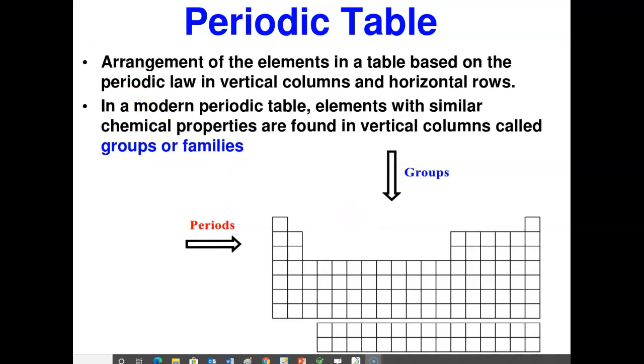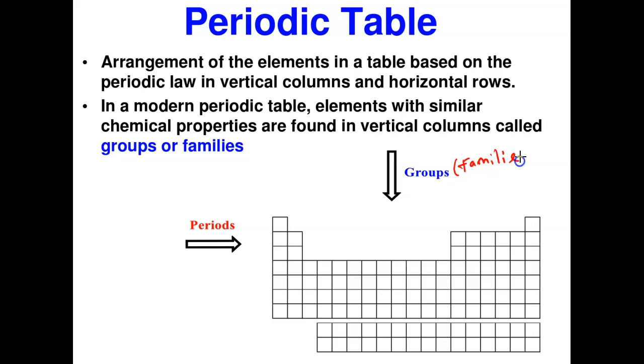Now, the vertical columns represent the groups, or more aptly, we describe them as the families of elements. And it makes sense that each element in a family will have a specific pattern of behavior, very similar, that can be predicted.